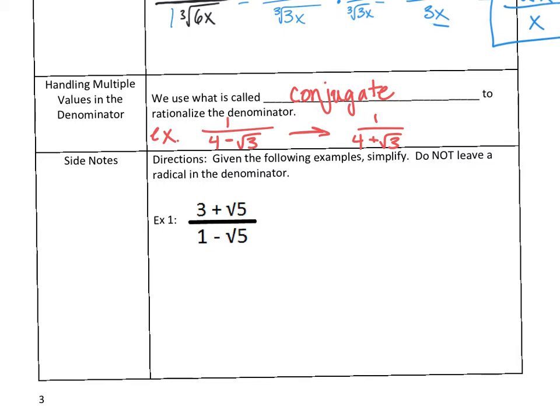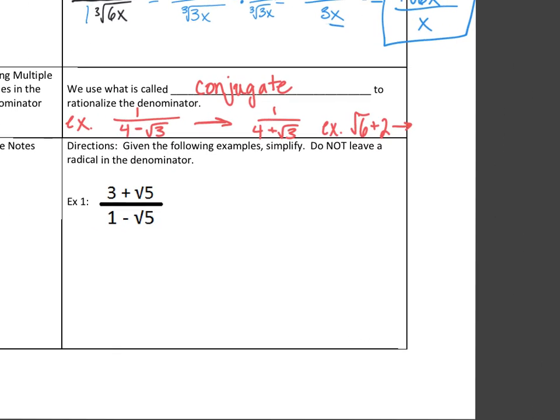So if it is a subtraction sign, you change it to addition. If it is addition, you change it to subtraction. Okay, so same thing, another example. If my conjugate was square root of 6 plus 2, what would be the conjugate? Square root of 6 minus 2. So the only thing you change is the sign in between them.